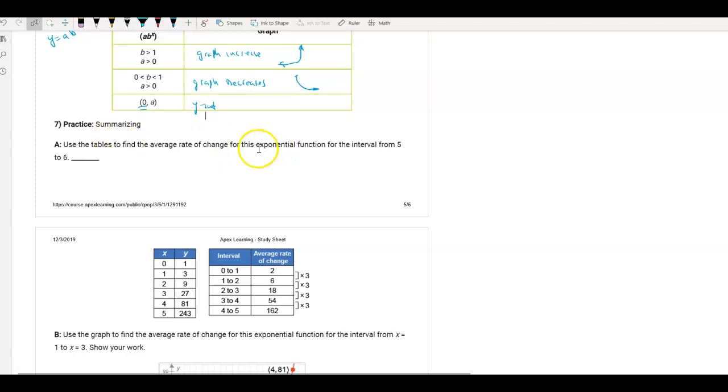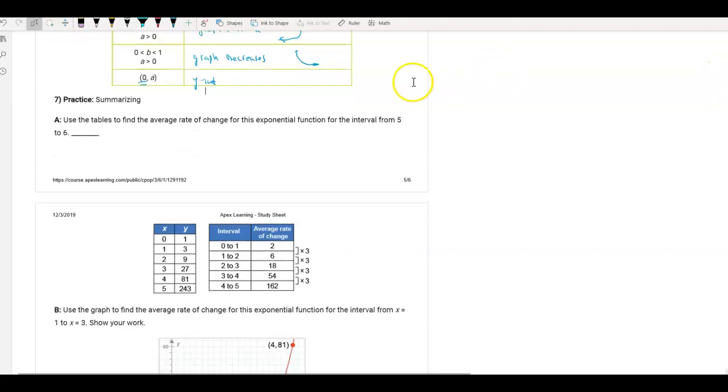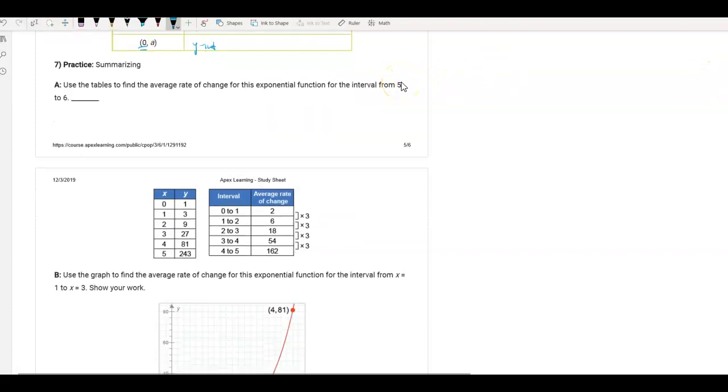So how would we use the tables to find the average rate of change for the exponential function, right? Well, what these have is called a common factor. So if you had like this here, from 0 to 1, your average rate of change was 2, right? From 1 to 2, your average rate of change was 6, right?